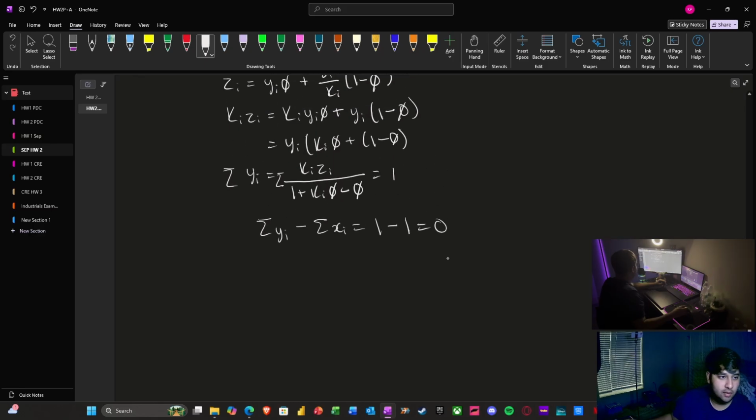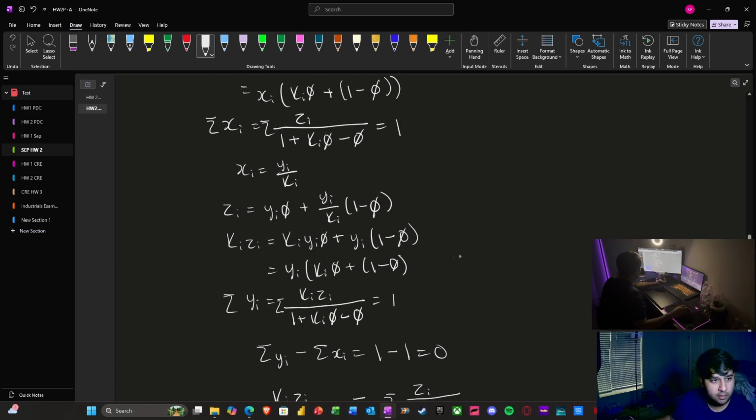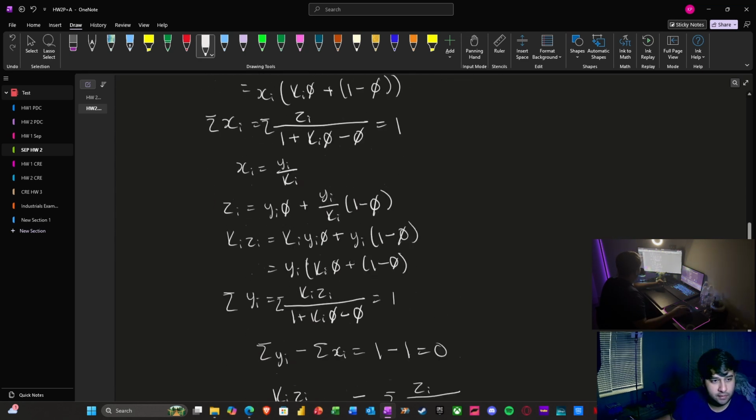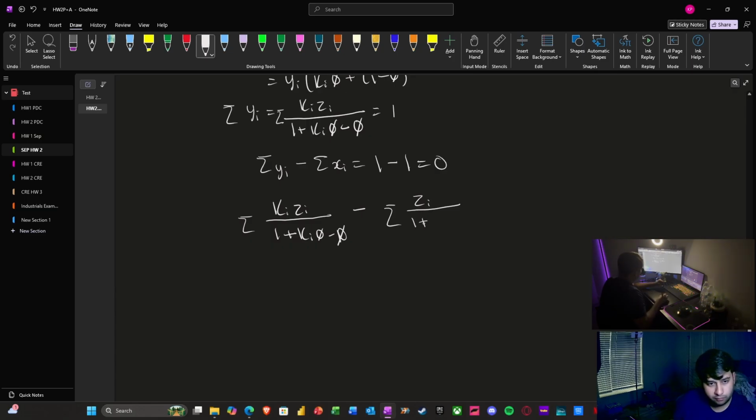This is great because we can go ahead and expand this: the summation of K_i z_i over 1 plus K_i phi minus phi, minus the summation of z_i over 1 plus K_i phi minus phi, which equals 0.